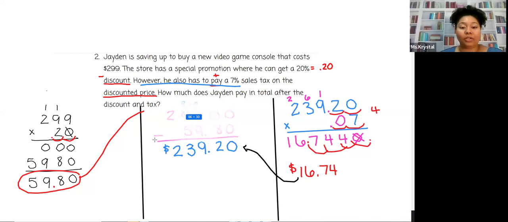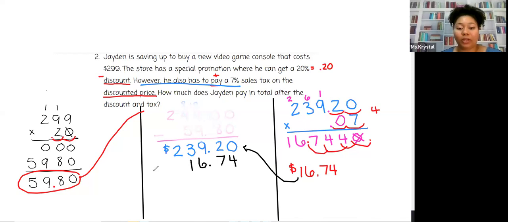All right, so we have the 239.20 plus 16.74. Remember, adding and subtracting has to have alignment. So I'm putting my decimal there, and it might help to put your decimal there the first time, and then we're working it through. So 74 goes there, and then the 16 goes here.